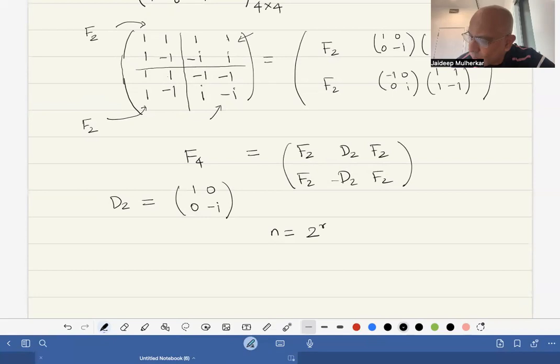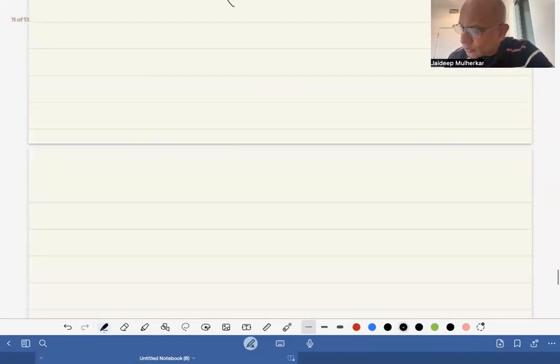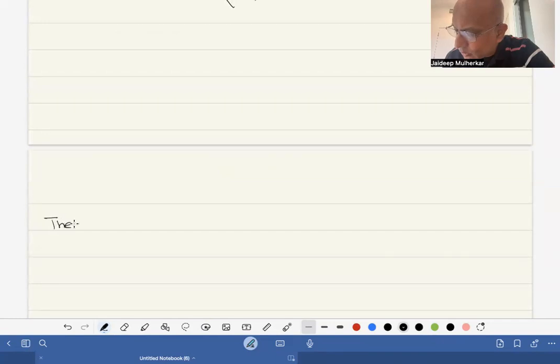So what we want to show is that Fn is equal to Fn/2, Fn/2, Dn/2 Fn/2, minus Dn/2 Fn/2, where Dn/2 is a diagonal matrix and Fn/2 is the n/2 dimensional Fourier transform. Right, so let's state the theorem, and let's prove the theorem also.